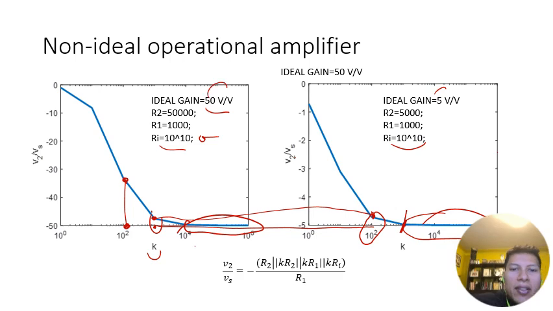If we ask for a gain of 50, we need to be at least 10,000 to get something very close to 50. If you're at 1,000, you're still going to get something close. Just like at 100, you're going to get a pretty good gain, but not quite super accurate. So this ideal prediction is good as long as our gain is quite large.